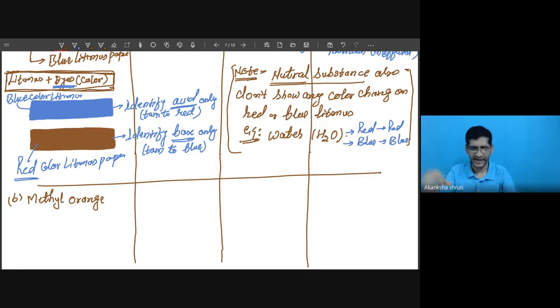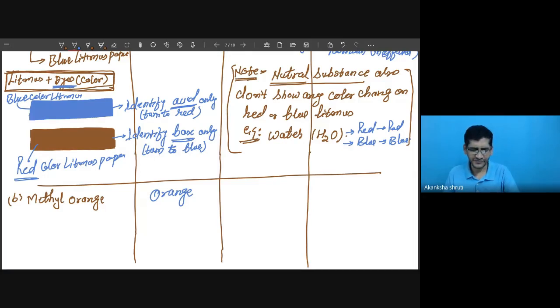It does not occur naturally. The color of this methyl orange is orange itself, as the name indicates. It means without any chemical addition, the color of methyl orange will be orange.